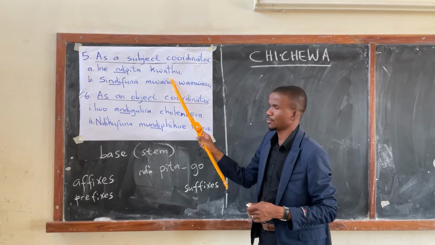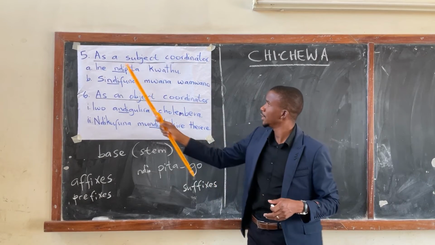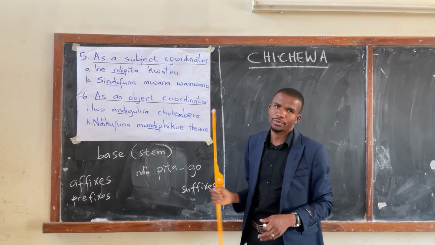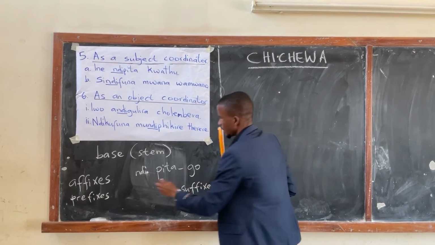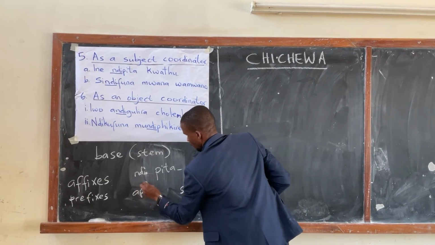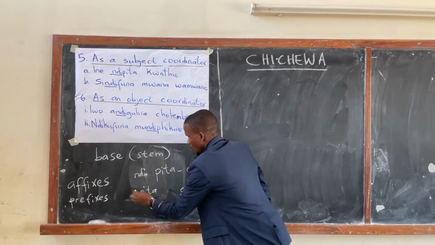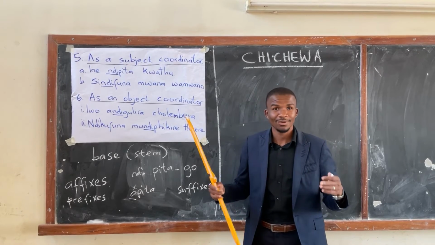Ine nipita kwatu. It's something to show an agreement between the subject and the verb. If you say ine apita kwatu, this is wrong. A native Chichewa speaker will laugh at you.